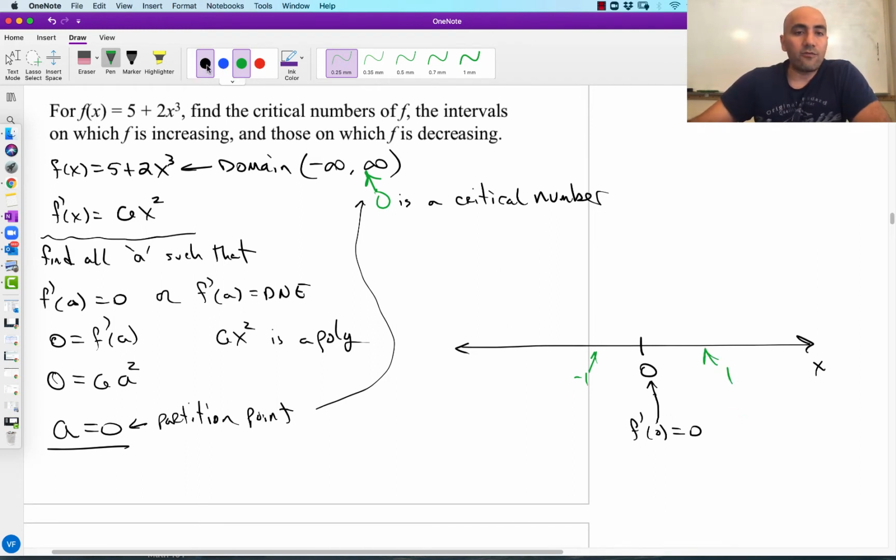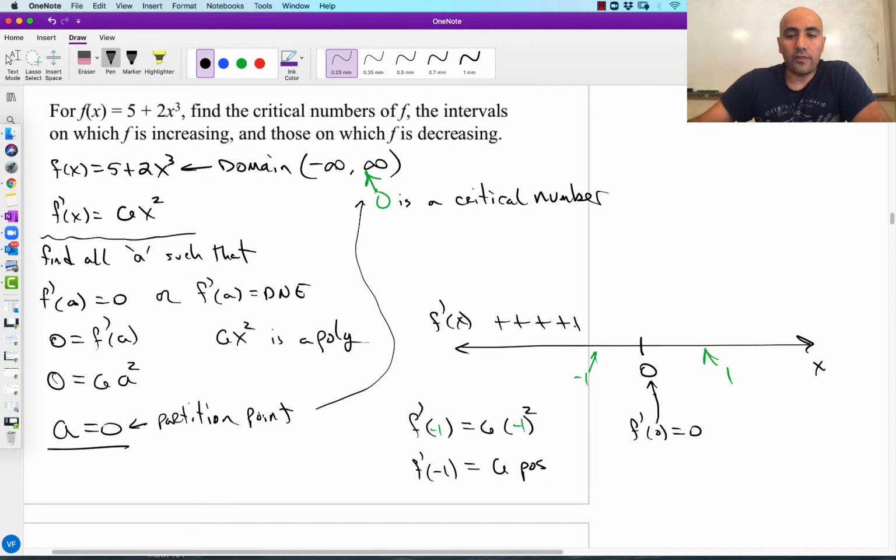So if we pick -1 and we plug it into our derivative, f prime of x equals 6 times x squared. And clearly, if I plug in a -1 and -1 squared, we're going to end up with +6. It doesn't even really matter what the answer is. All we really want to know is that this is positive. So the first derivative, f prime of x, is going to be positive on this interval. And what about over here?